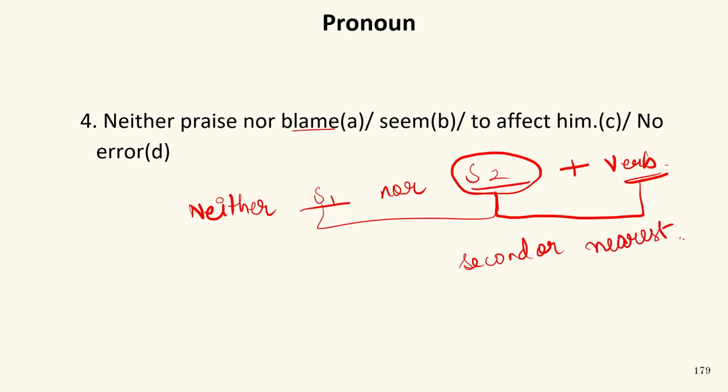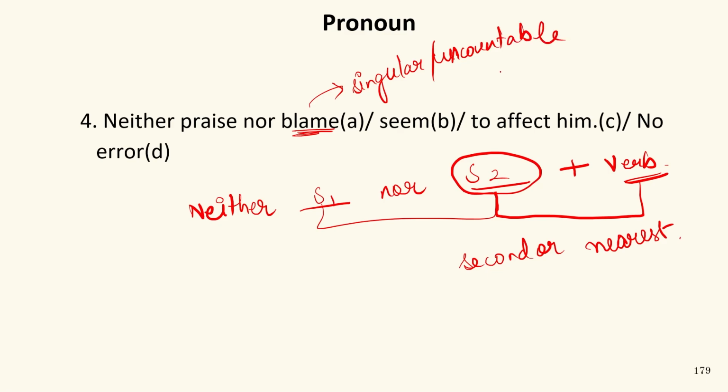Sometimes we may have one subject but two verbs, so they act accordingly. Now the verb depends on the second or the nearest subject. Here the nearest subject is blame, and blame is uncountable, that is singular. Uncountable is always considered singular.